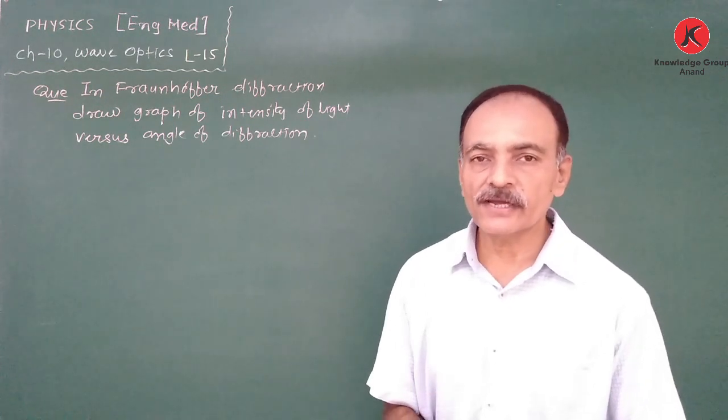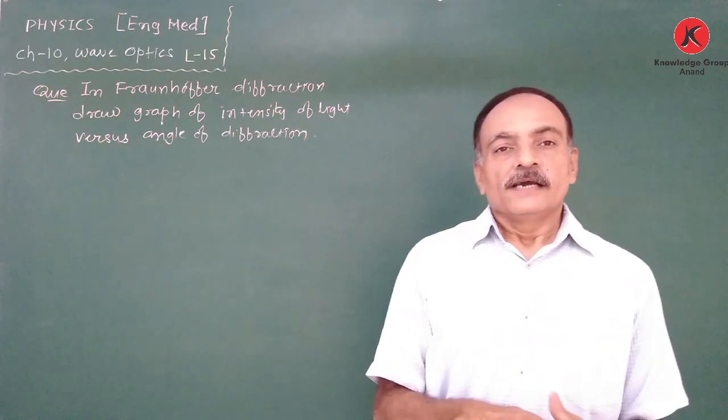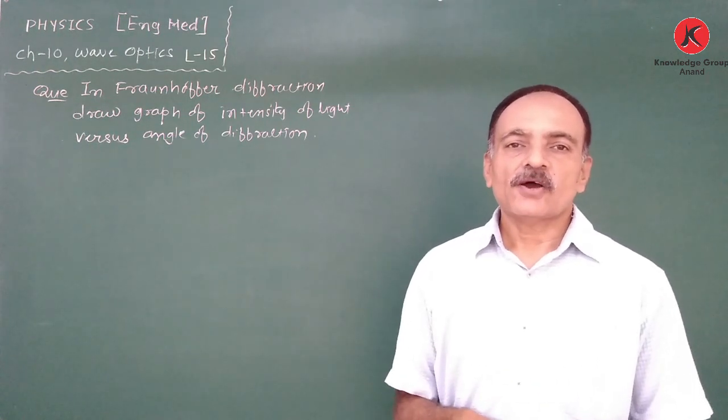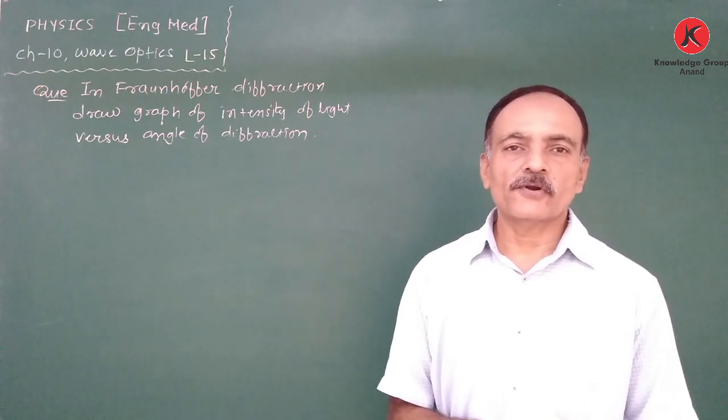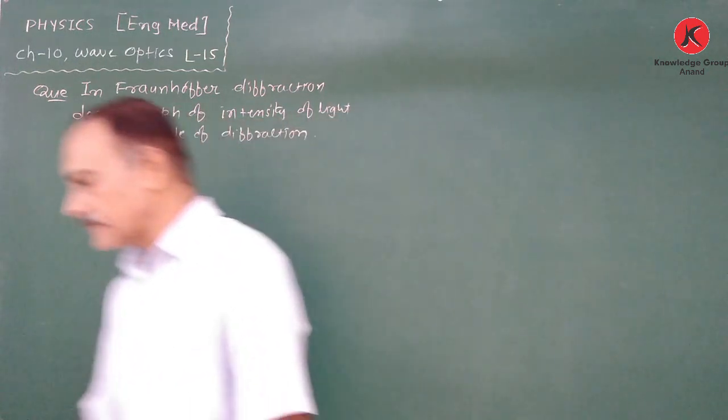So here we are going to discuss the graph of the intensity of light versus the angle of diffraction for Fraunhofer diffraction. For that purpose, first we draw the graph. The graph is like this.